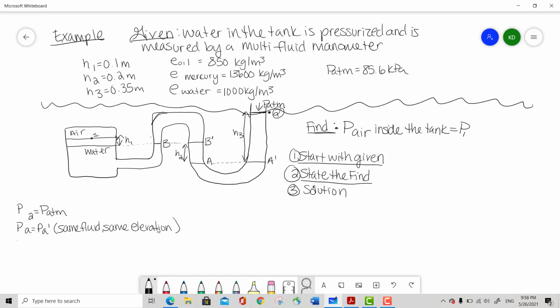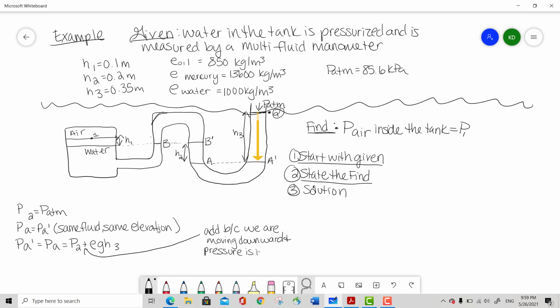Okay. And then PA prime equals PA equals P2 plus rho g H3. And we add this because we are moving down and pressure is increasing.